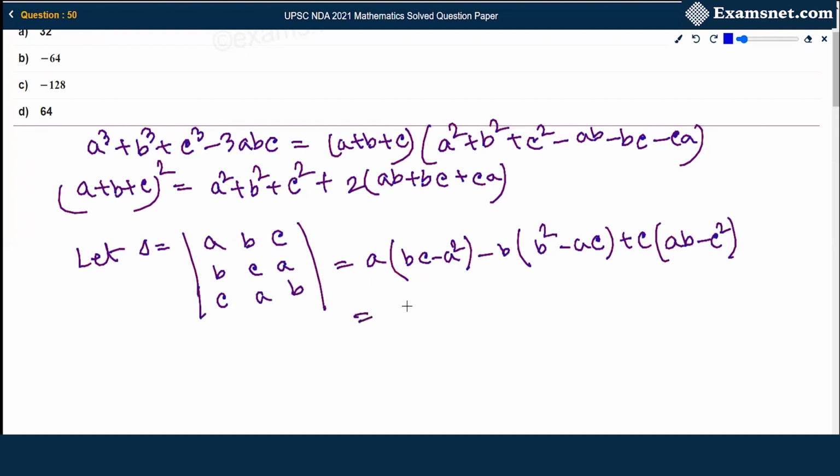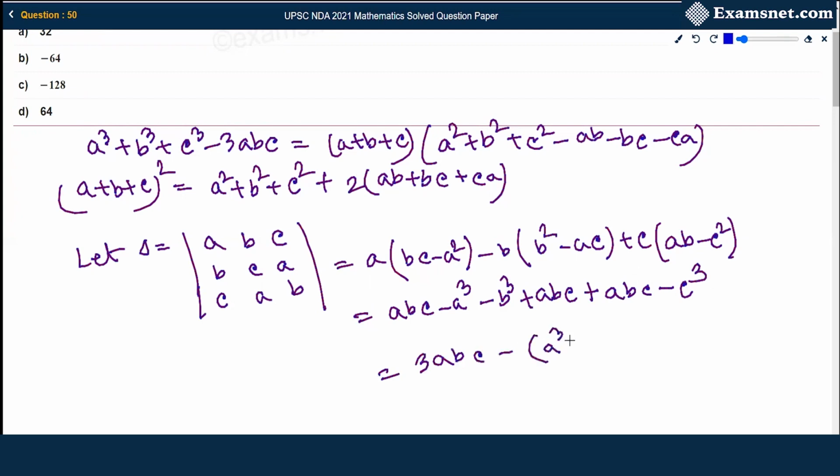Let's continue with the further calculation. ABC, B cube, ABC, ABC, C cube. Now taking 3ABC common, A cube plus B cube plus C cube, right? But we know the formula of A cube plus B cube plus C cube minus 3ABC, right?